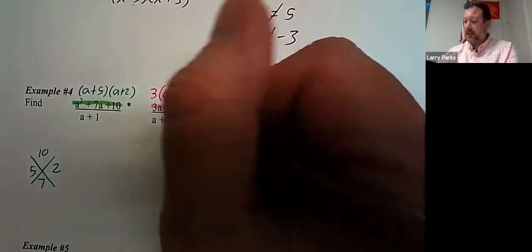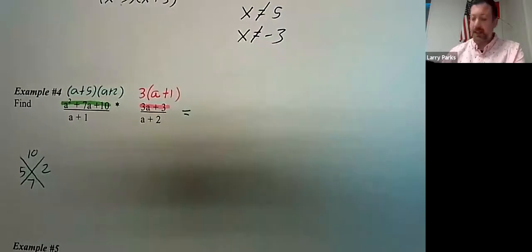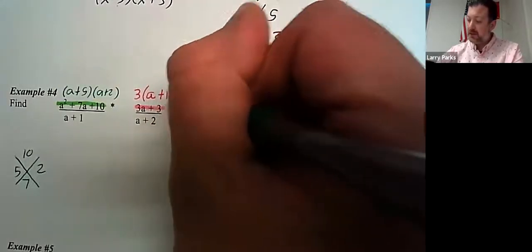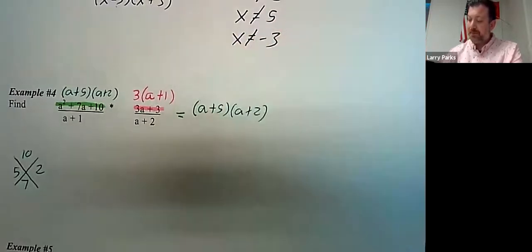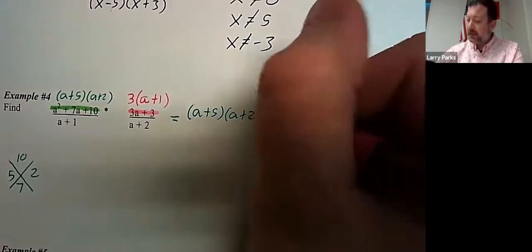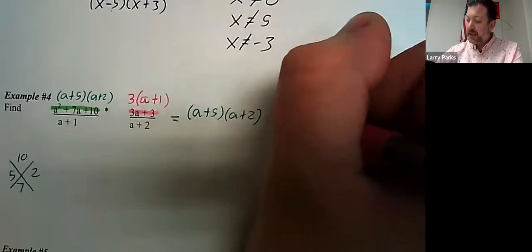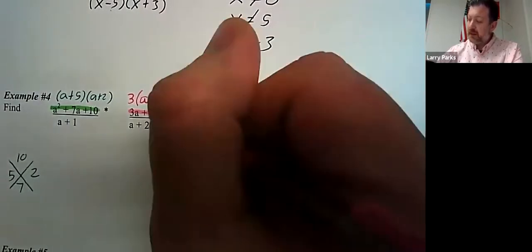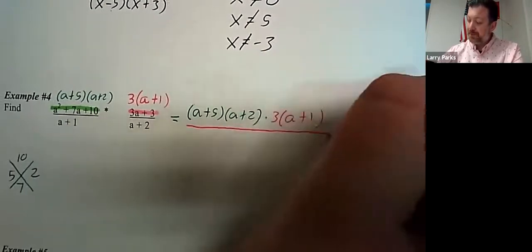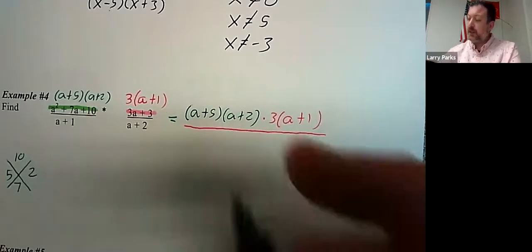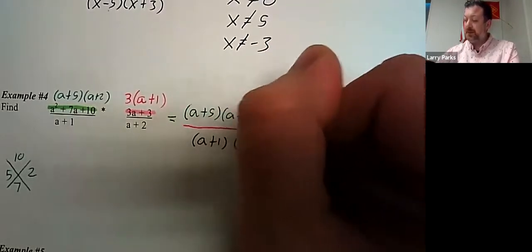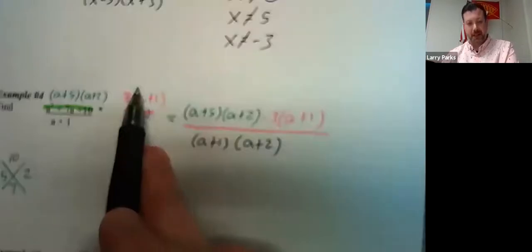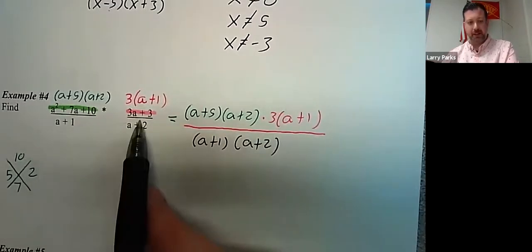Now I put all that together, and I get a plus 5, a plus 2, times 3 times a plus 1 all over a plus 1, a plus 2. So all I did was put all this on the top and then all this in the denominator.